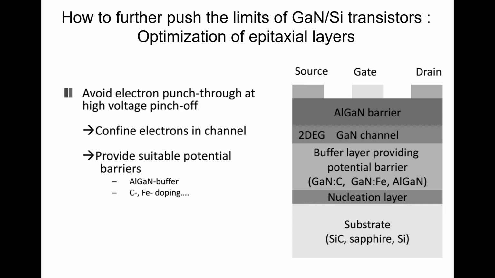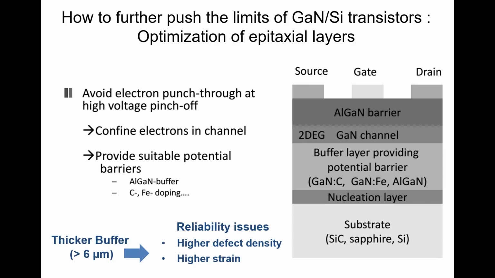I'll just show you one example here of a kind of state-of-the-art technology. Also keeping in mind that whatever you use, there will be a limit, I put 6 micron, this can be discussed, but if it's too thick on large diameter, that's not going to work anymore. You're going to get defects and the strain becomes dominant and so on. So the thickness will be limited anyway.